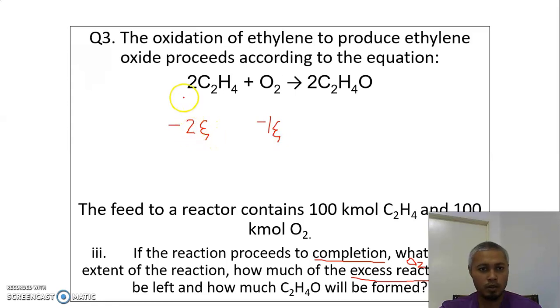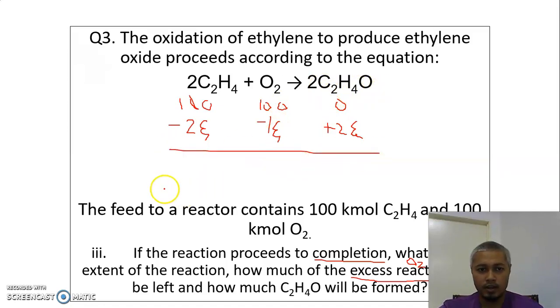Why minus 2? Because it is being reacted, or consumed in the reaction. And why minus 1? The same goes for O2, it is consumed in the reaction. And we have plus 2 epsilon for C2H4O because it is being produced in the reaction. Okay, initially we have 100 for C2H4, and then we have 100 for O2 and 0 kilomole for C2H4O. Then we need to find the final amount of each component in the reaction.